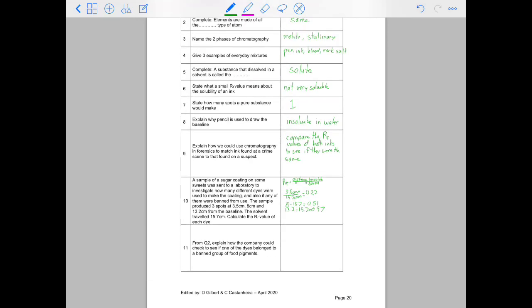So from these, which one would be the most soluble? That would be the one that's moved the farthest, and the least soluble would be the one that's moved the least far. From question 2, explain how the company could check to see if one of the dyes belonged to a banned group of food pigments.